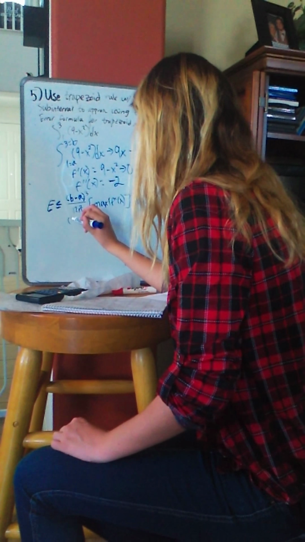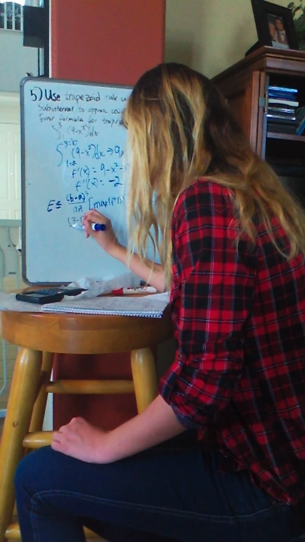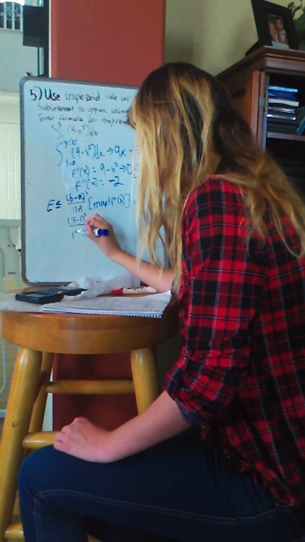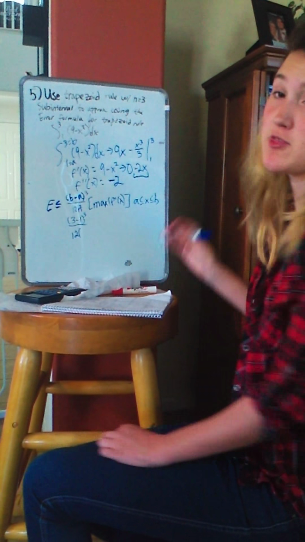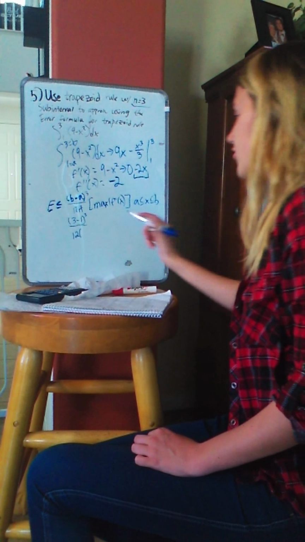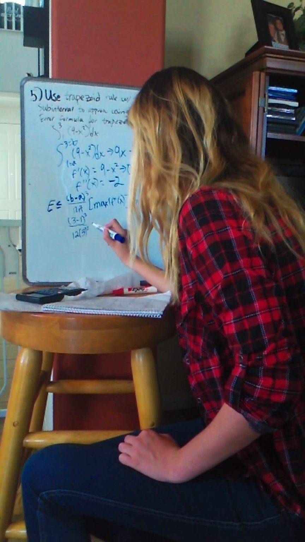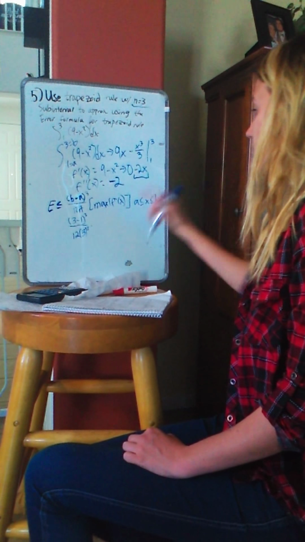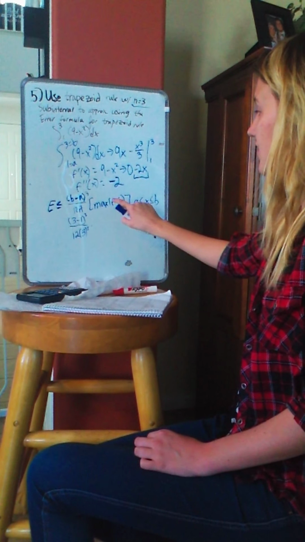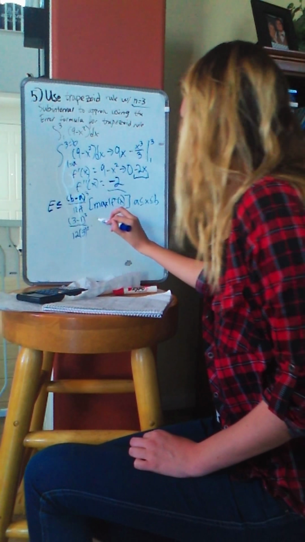So this is going to be (3 minus 1) cubed over 12, and they gave us the n in the beginning up here. They said n is equal to 3. It's going to be 3 squared times the second derivative we found, which was negative 2.